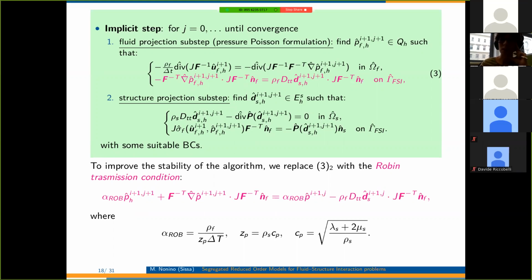So to answer your question, using the Robin transmission condition improves the rate of convergence of the two sub-iterations. You can also use other boundary conditions on the FSI interface, like Dirichlet or Neumann boundary conditions, but you will have a little bit more difficulty there. I don't remember in which paper they talk about this, but I know I read about it.